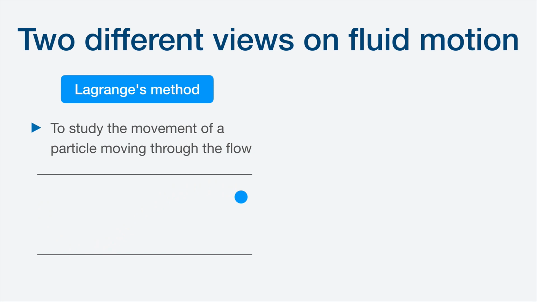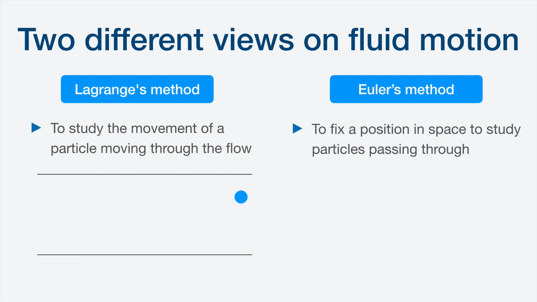This approach is not the one we will use in our case to study pumps. Normally, the approach that we use to study fluids is Euler's method. What we do is to fix a position in space, normally a volume, and study the particles moving through this fixed volume.